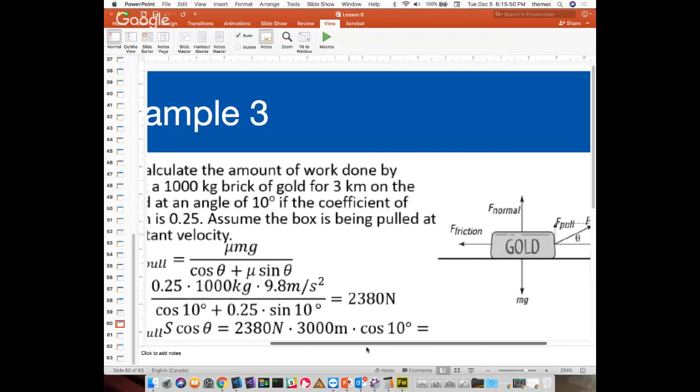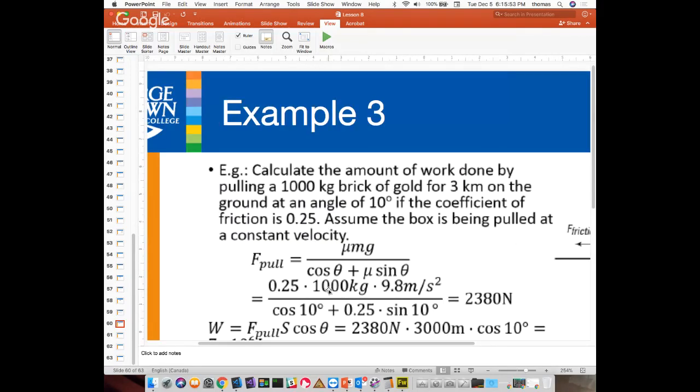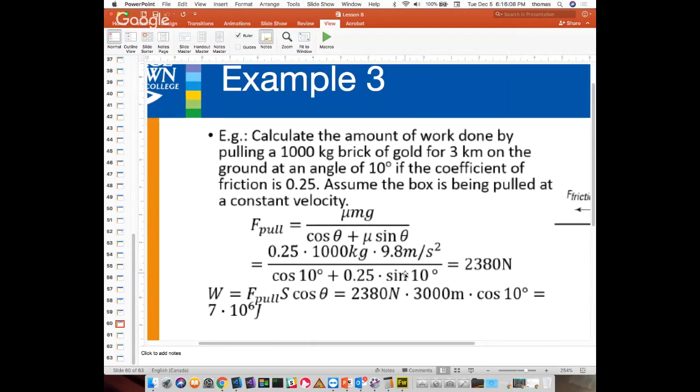It says calculate the work, but they've done something. They've gone around and done this. They said, well, the force pulling is some ratio of the force of friction over cos theta plus mu sine theta. We don't have that ratio at all.